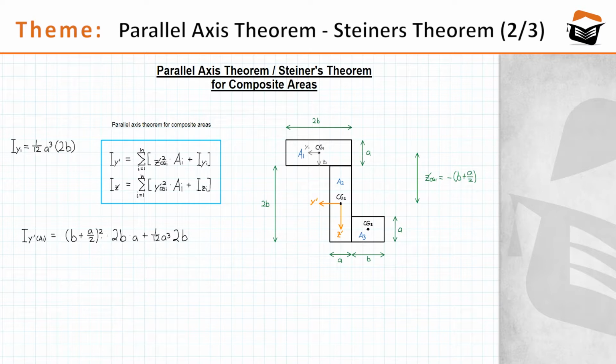And if we expand this equation, we're gonna have to apply the binomial theorem on this term, which will give us b squared plus ba plus a squared divided by 4 times 2b times a.